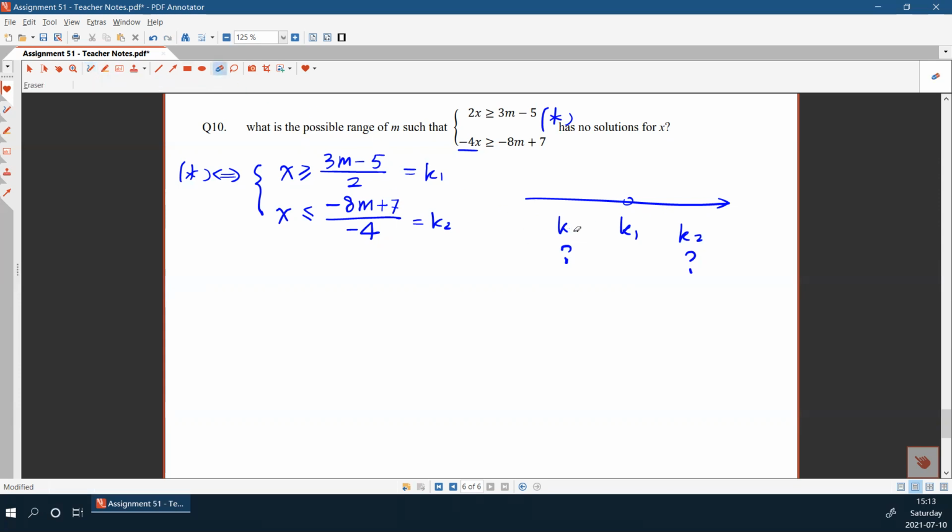Okay, Emily says should be on the right, right? So you said k2 should be to the right of k1, right?